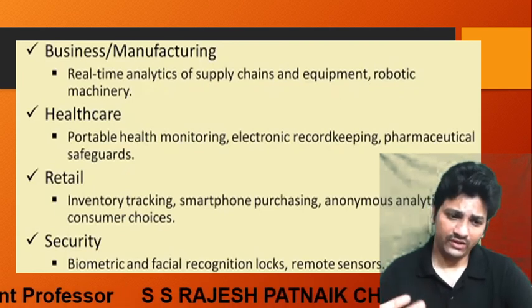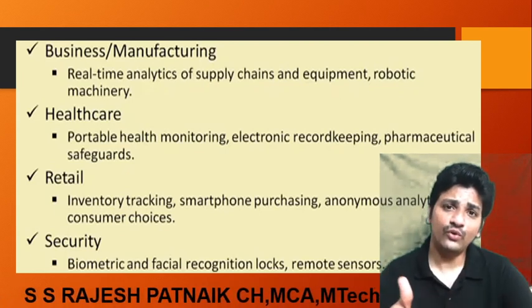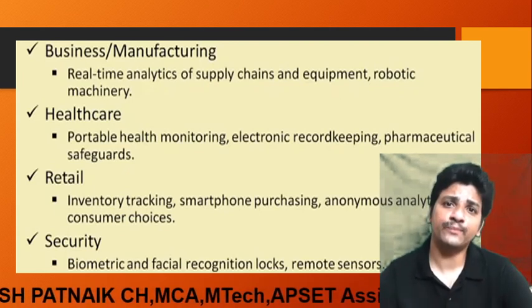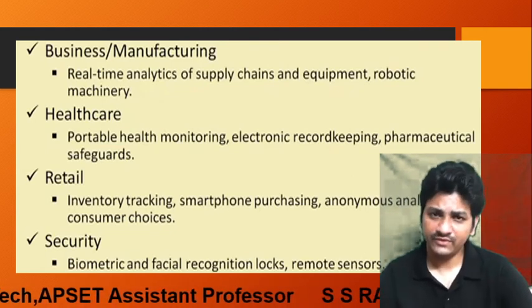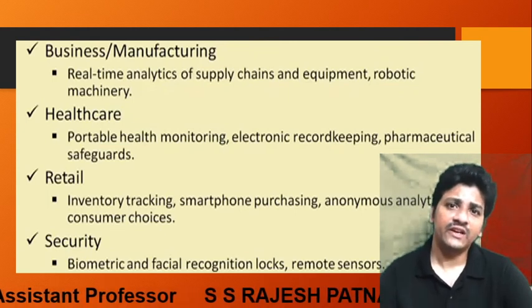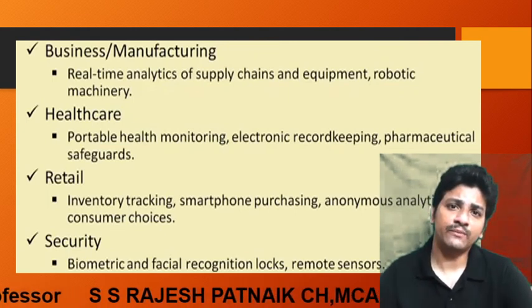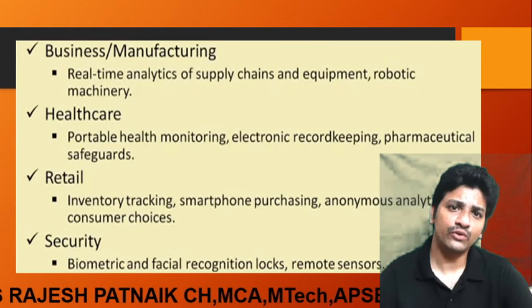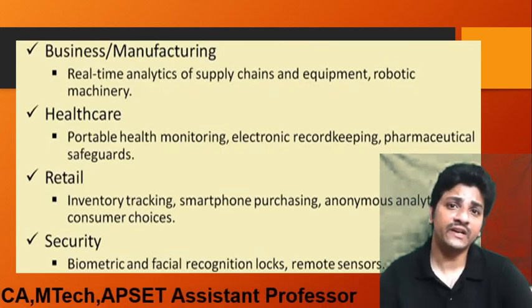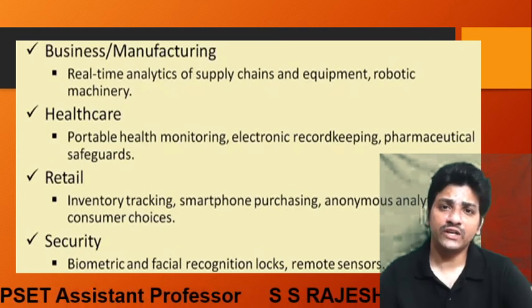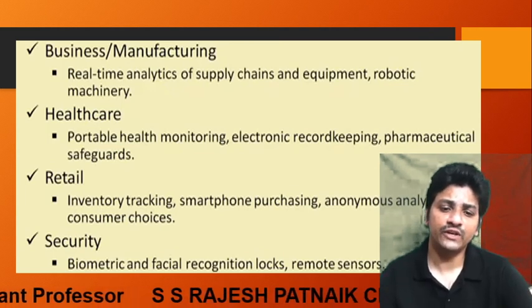So when it started, where the product is coming from, what the distance is and when the product will arrive at the location, all these things will be tracked and identified. Inventory tracking, everything is done using IoT devices.